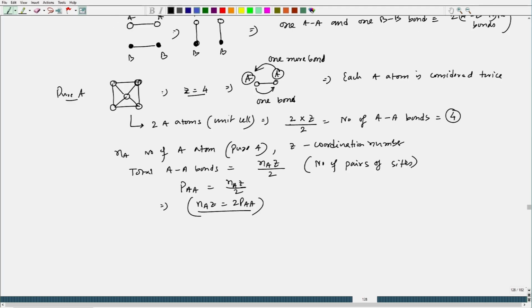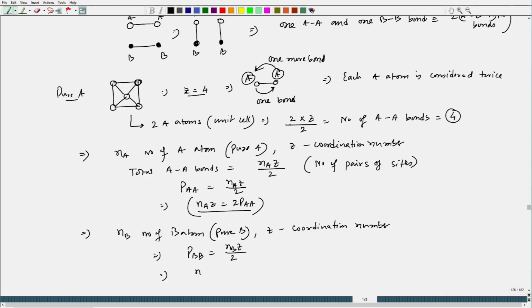Now, this is one case. The second case is Nb, the number of B atoms, when we talk about pure B, and here also Z is the coordination number because the crystal structure does not change. Then PBB should be equal to NbZ divided by 2.